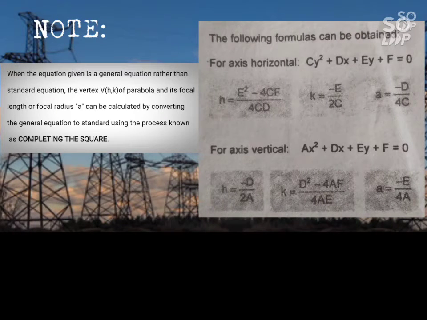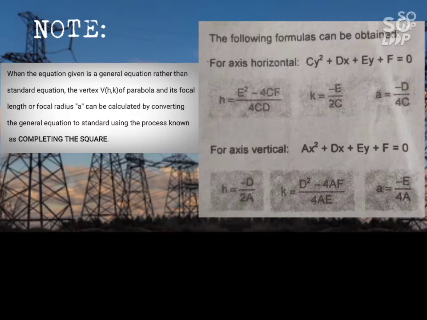Note: when the equation given is a general equation rather than a standard equation, the vertex (h, k) of the parabola and its focal length or focal radius a can be calculated by converting the general equation to standard form using the process known as completing the square.